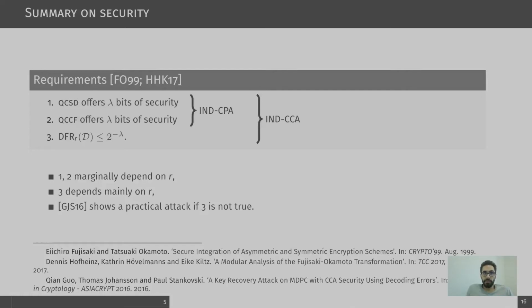First we choose W and T so that we have IND-CPA security, and we fix those values and then take the relevant block size R, which also depends on the decoder that we use. And in practice, if the third condition is not verified, it was shown by Guo, Johansson, and Stankovski that there is a practical attack on the CCA security of the scheme.